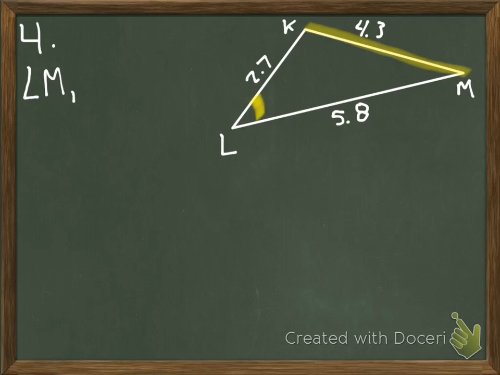That goes with angle L. Angle L controls how long side KM is. So angle L would come next. And then last, the only one that's left is going to be angle K. Angle K is across from the biggest side. So angle K.